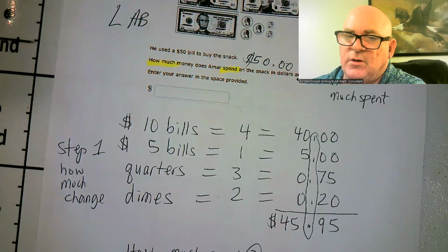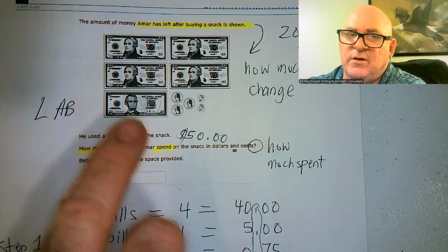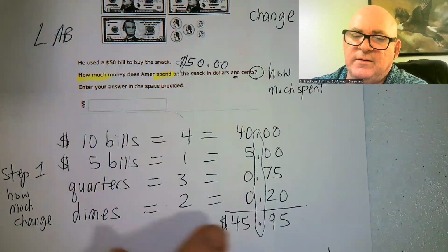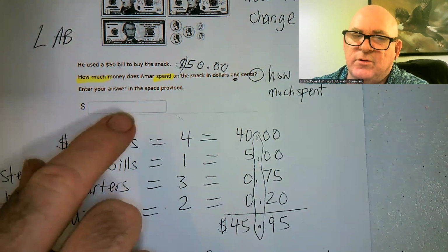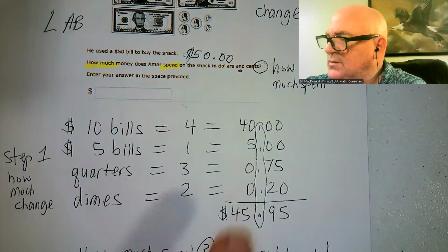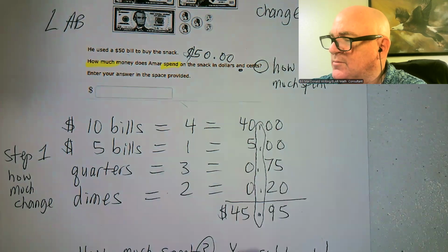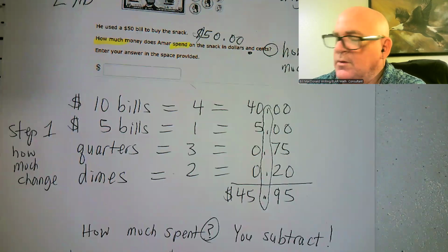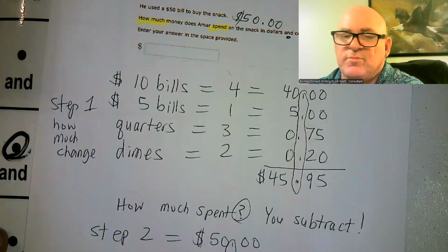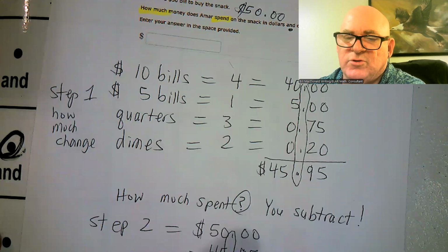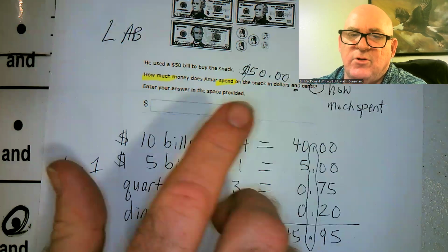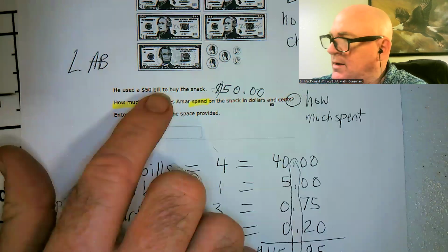So as I mentioned, A, your students didn't understand the value of money. B, they only did step one and entered it into the calculator, $45.95. C, they didn't know how to align decimals for adding and subtracting. Or they didn't understand that when you're trying to find out how much money is spent, you subtract it from the change that you got based on how much you paid.